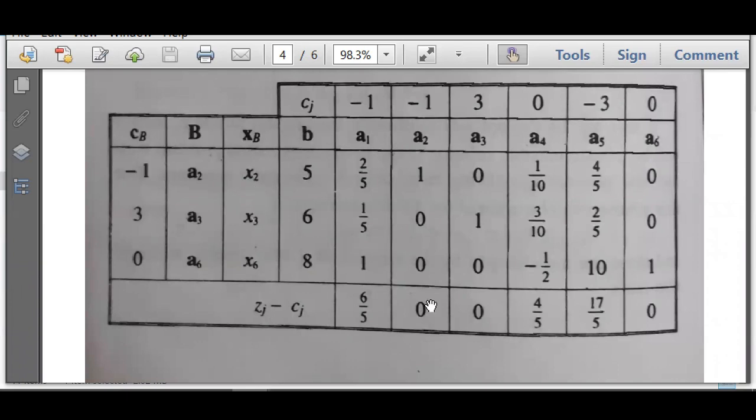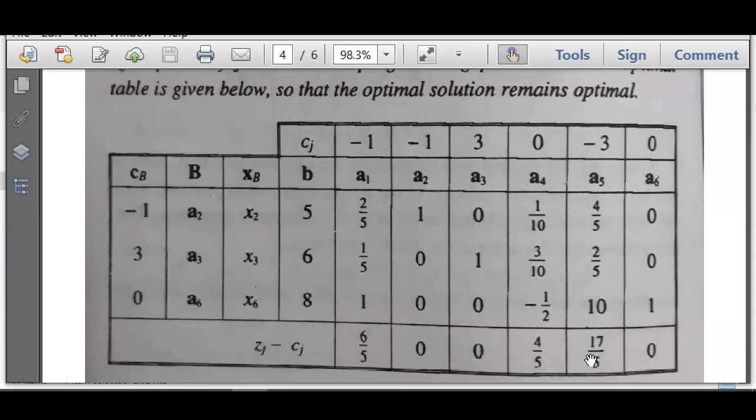Here c2, c3, c6 are related to the basic variables. Which are not related to basic variables? c1, c5 and c4. So these three, z1 minus c1, z5 minus c5 and z4 minus c4, are those corresponding to the non-basic part.